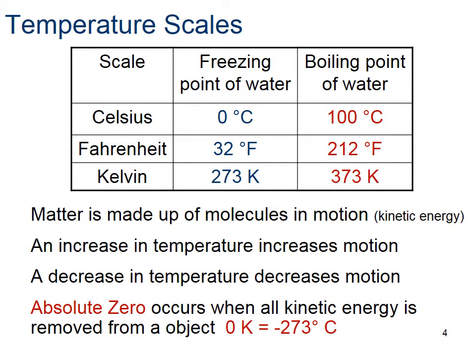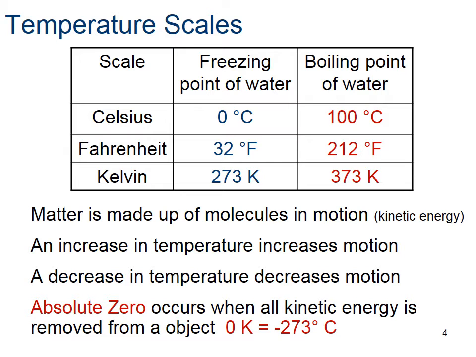You're all familiar, I think, with the different temperature scales from science all the way back to grade school, but let's take a real quick look and review. Let's look at the freezing point of water and the boiling point of water. On the Celsius scale, you have 0 and 100 degrees Celsius. For Fahrenheit, it's 32 and 212. And then finally, Kelvin, which we actually use for a lot of our calculations, we have 273 and 373.